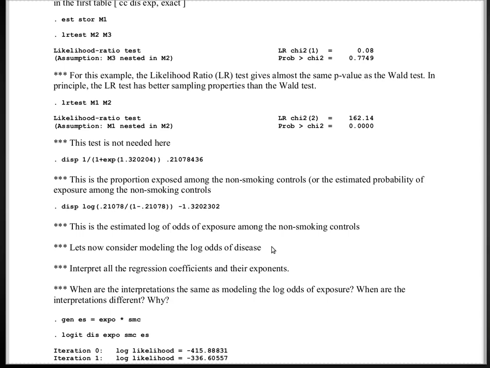This is a fairly large issue, and I'll be referring to some of the technical things in a minute. But for now, let's suppose that we had not carried out the analysis in terms of the log of the odds of exposure, and had instead considered the analysis in terms of the log of the odds of disease.